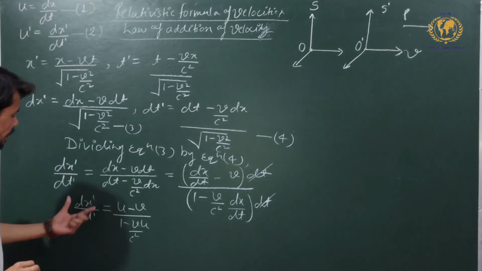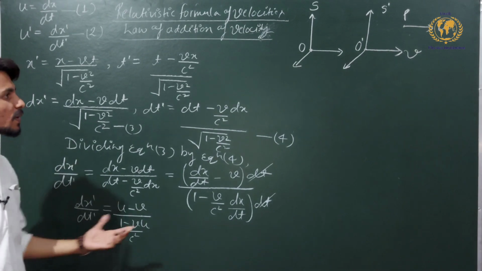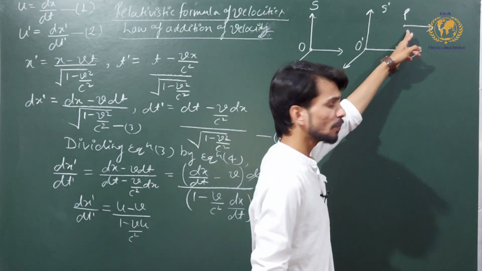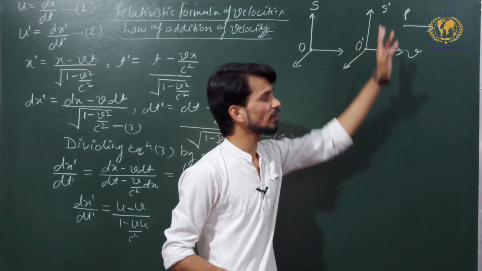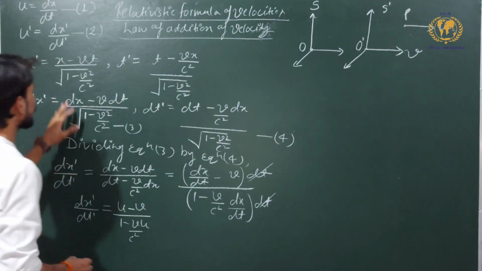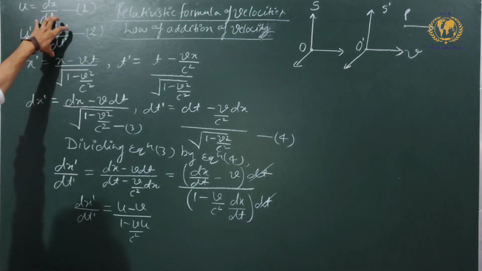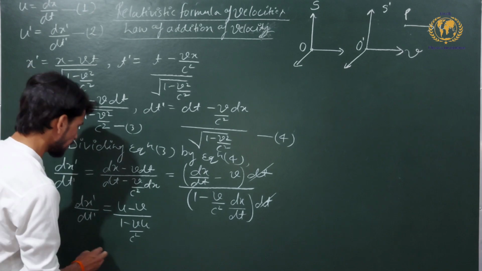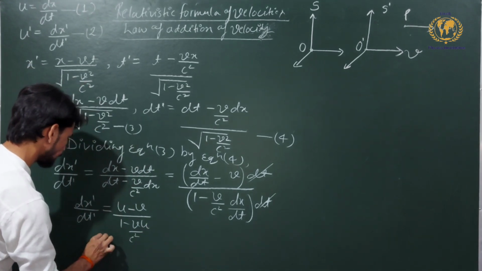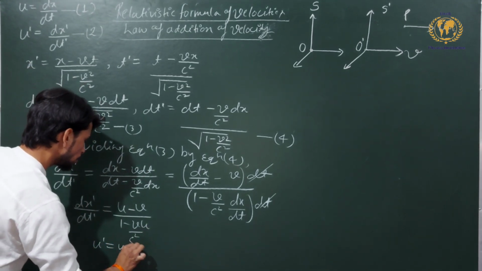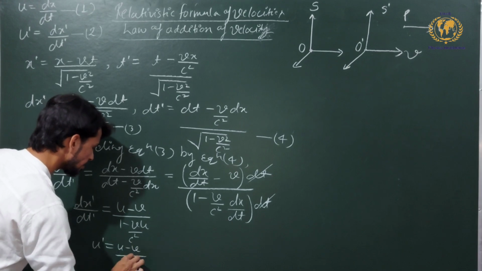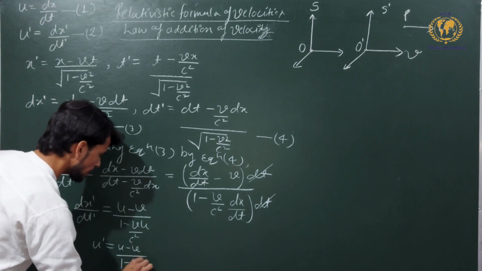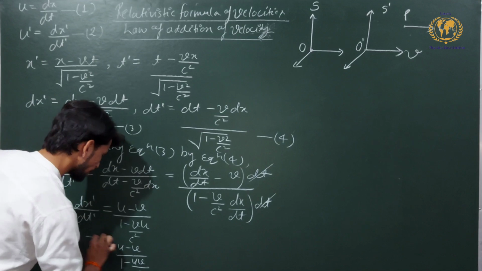Again you can see here dx dash over dt dash is nothing but the velocity of the particle P measured by observer O dash in frame of reference S dash, and from equation 2 you can directly put it as u dash. So u dash equals u minus v divided by 1 minus uv divided by c square.